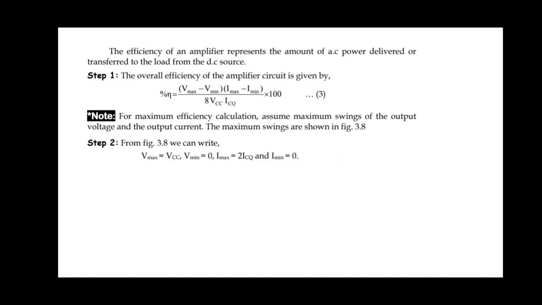We already know the AC power. DC power is VCC into ICQ. The overall efficiency equation is (Vmax minus Vmin) into (Imax minus Imin) divided by 8 VCC ICQ, into 100.